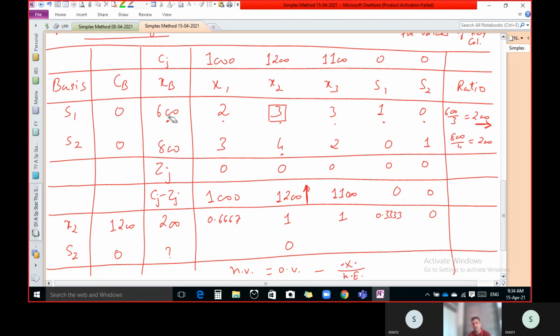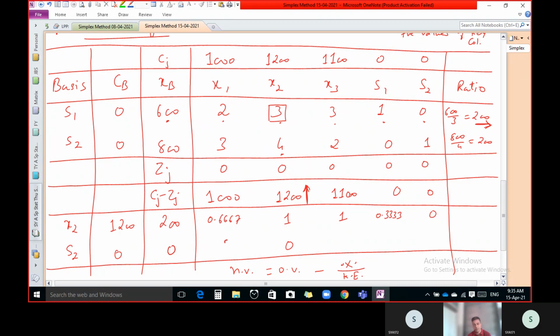In this column the dotted value is 600. Multiply these two dotted values. So 600 into 4 is 2400, and divide it by 3. So 2400 divided by 3 gives 800. So my calculation is 800 and the old value is also 800. 800 minus 800 we get 0. So you have to write 0 here.